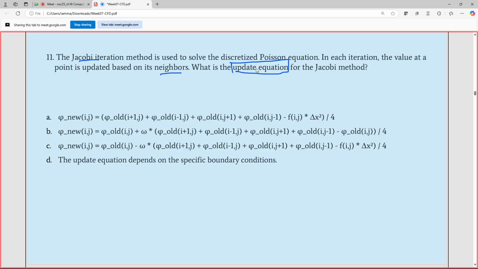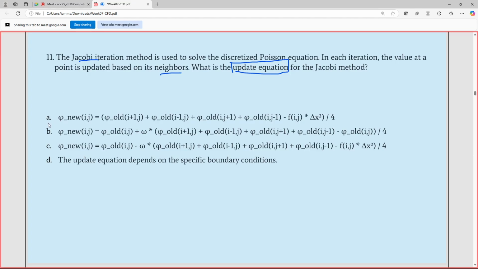This is the general update equation for the Jacobi method. Mostly the update equation means the general equation representing a method. So here the question is asking for the update equation for a Jacobi method.